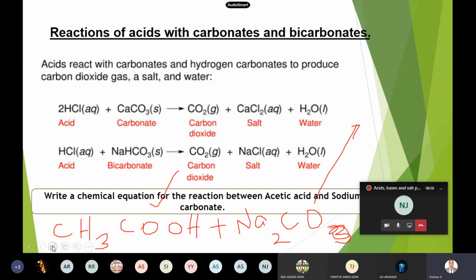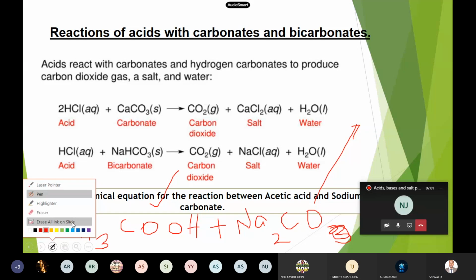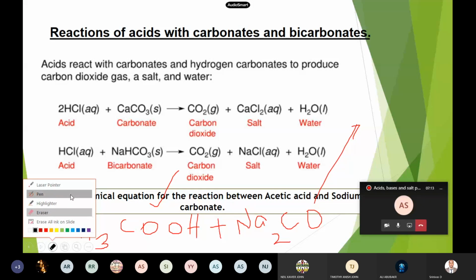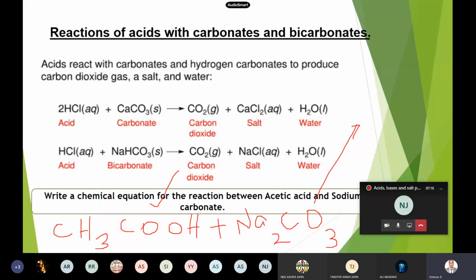Okay, complete the equation. You have 2 minutes, then tell me the answer. Na2CO3 gives rise to... I'm already writing 2 of the products, so your job is to write only one product.